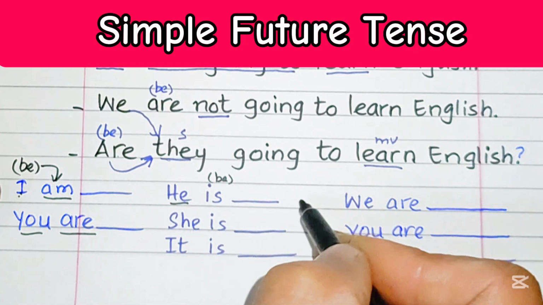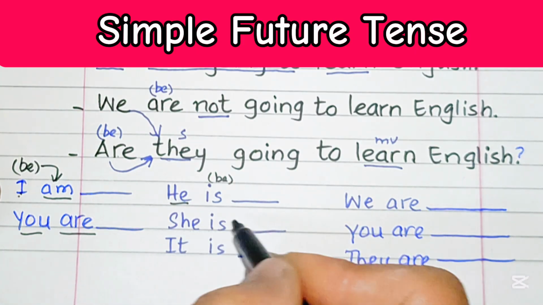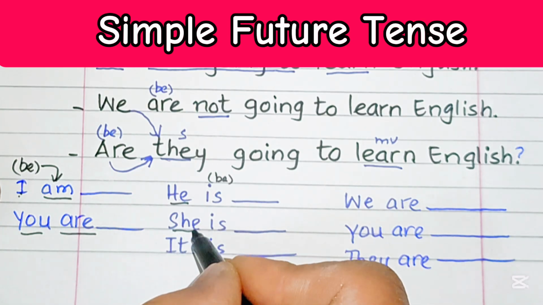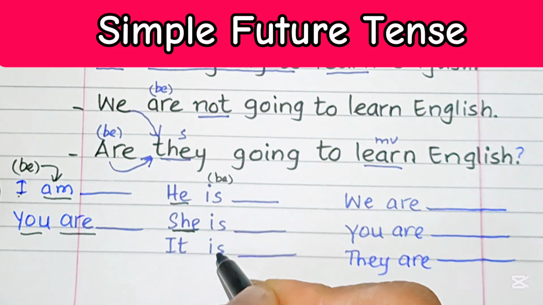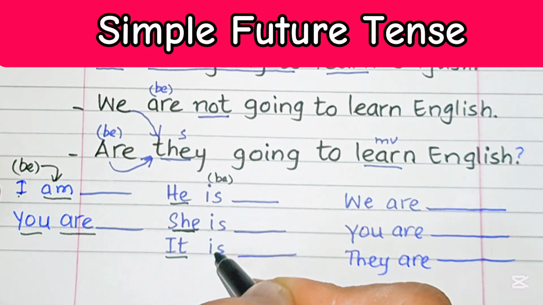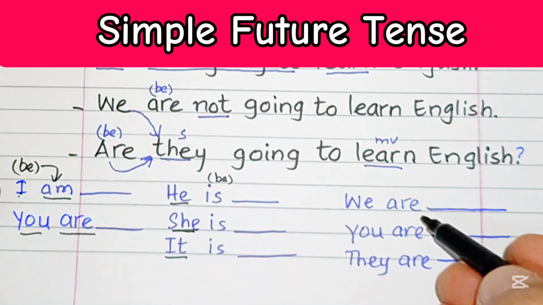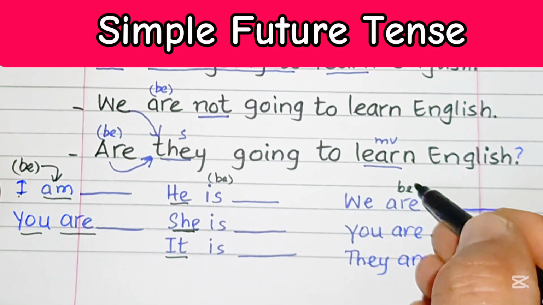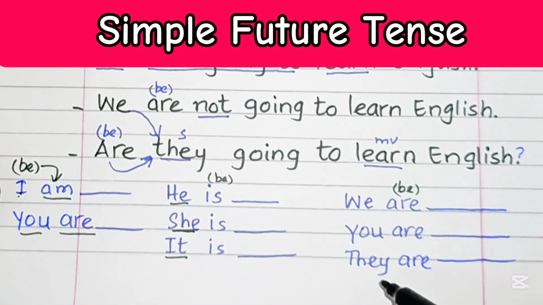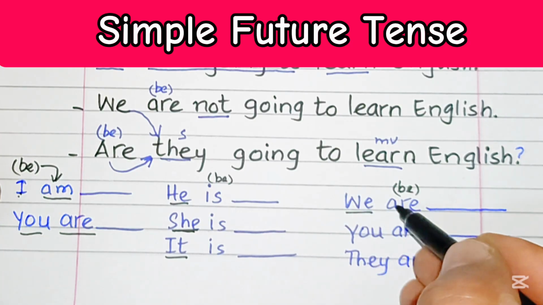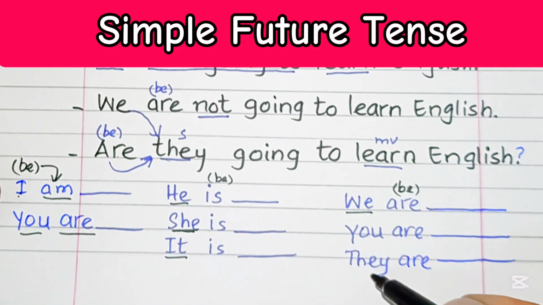He is going to. She is going to. Again, this is going to match the subject she. It is going to. So this verb matches the subject it. Then we are going to. So this is another portion where it is in plural form. We, and then the verb be matches the subject we. We are. You are. They are.